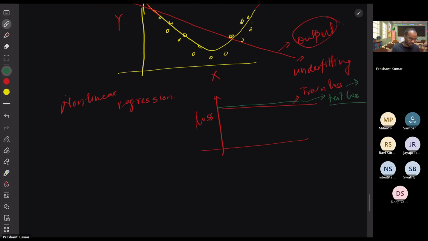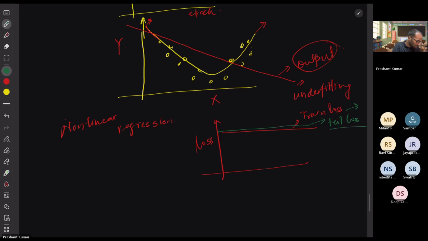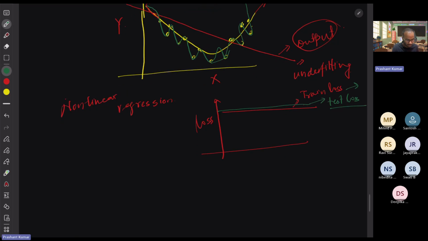But if you are training such that whatever you have trained looks something like this, then you are saying that you have overfitted. And in that case, your loss will look something like this.